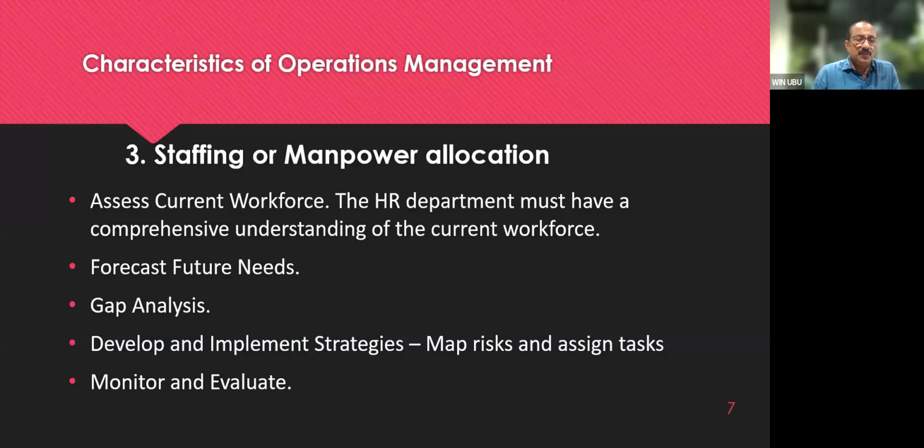Based on that, they plan to recruit or allocate the manpower required for the plant and assess the current workforce. The HR department sets up the manpower required for operations, but responsibility for recruitment lies purely with the HR department. HR gives a comprehensive understanding of the current workforce, and they would have made a job description or job responsibility for the workforce.